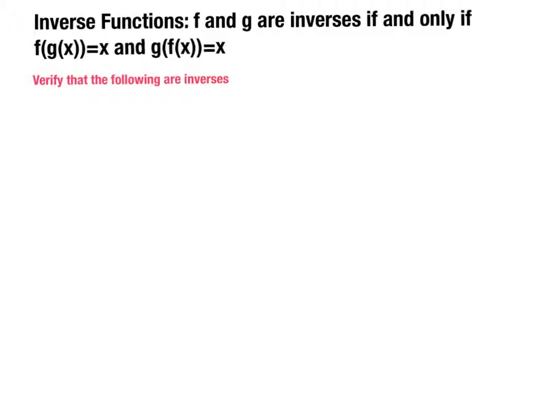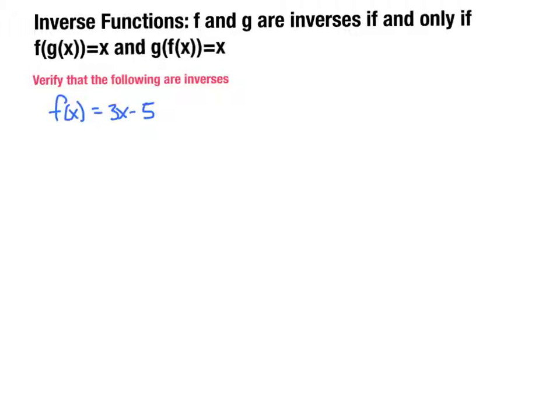Inverse functions. So f and g are inverses of each other, so the functions f and g, if and only if f of g of x equals x and g of f of x equals x. Okay? So let's see what that means with an example. I'm going to use the function f of x is equal to 3x minus 5.